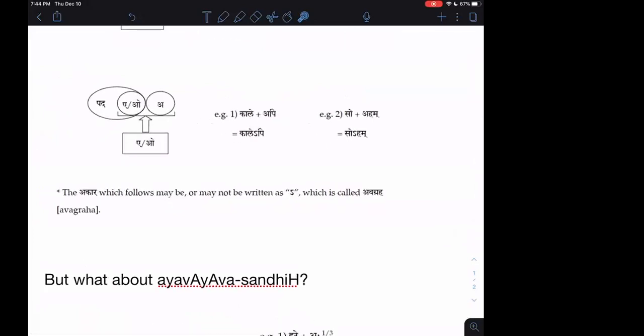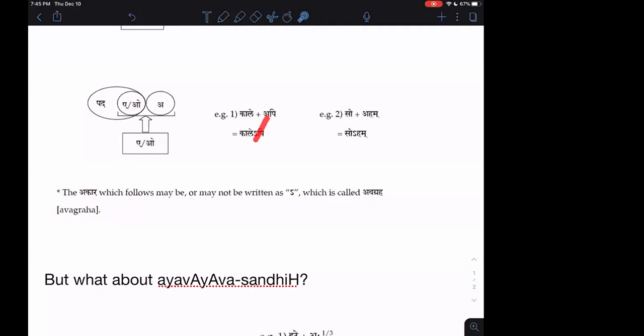Okay. So there's a question about avagraha. Avagraha is when an akara, a short a, is elided, is erased, is removed, is gone somehow, then that erased, removed akara can be written as avagraha, just to note that it used to be there. So it's like a placeholder, just to know that there used to be an a there.